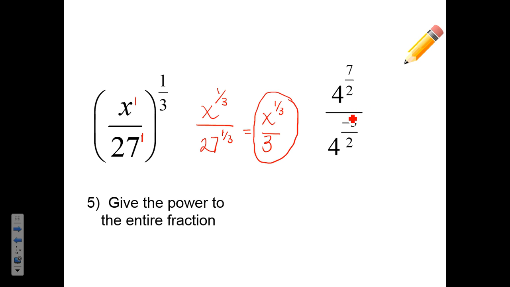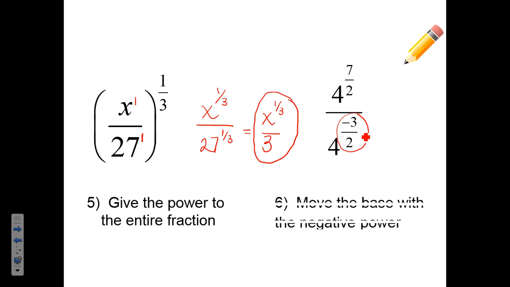Okay, I have a negative exponent. What do I do when I have negative exponents? I have to move the base with the negative power across the division sign and change the sign. So this is going to become 4 to the 7 halves times 4 to the 3 halves.